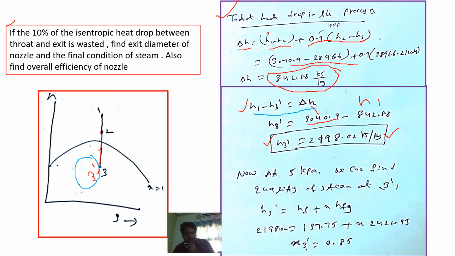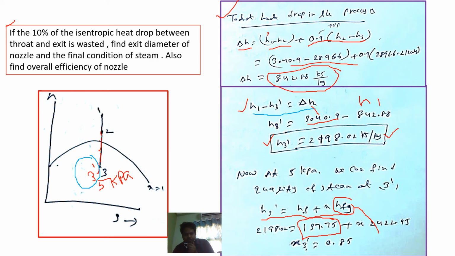Now let us find the dryness fraction at point 3 dash. We can write H3 dash equals HF plus X into HFG. At point 3, the given pressure in the problem is 5 kilopascal, so we have to refer to the saturated steam table to find HF, the enthalpy of the fluid, and the HFG value.